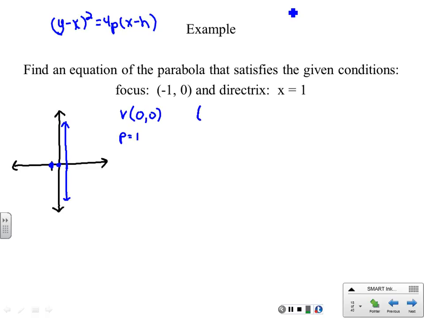We have y minus k, quantity squared is equal to 4p times x minus h. What is k? What is p? What is h? and simplify.